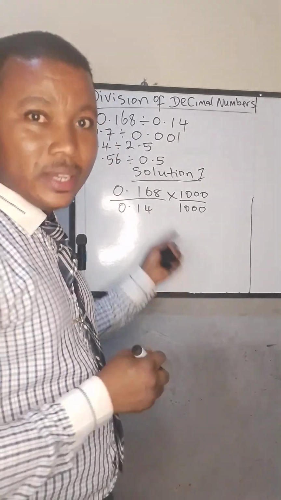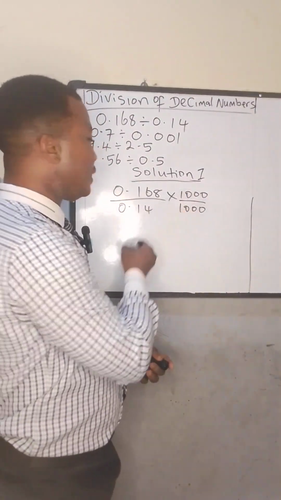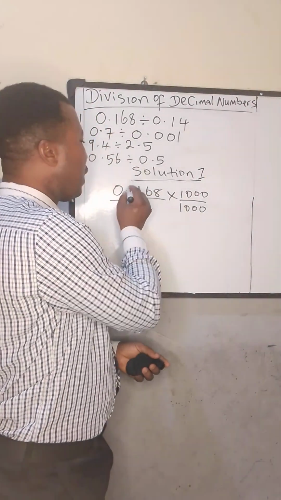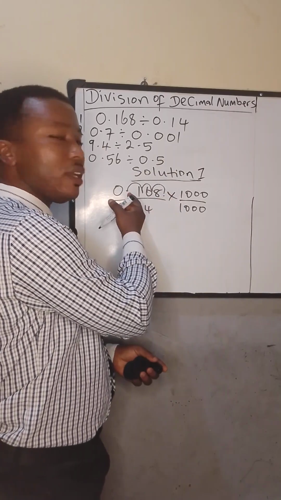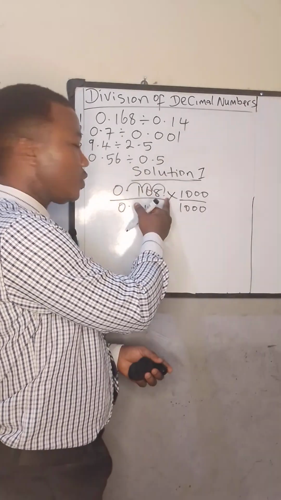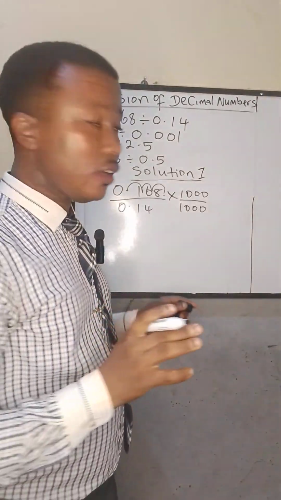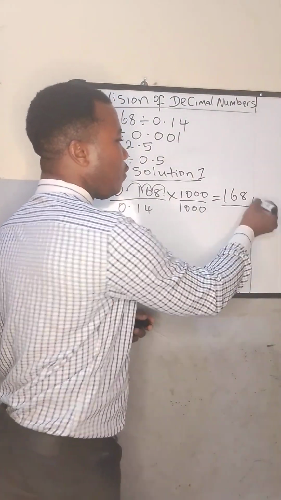Now see how we multiply this out when it comes to numbers like this. 3 zeros, 3 moves. From the point, we have 1, 2, and 3. So it means that this point has been moved to this place. So we are now having 0168, which is the same thing as 168 all over.